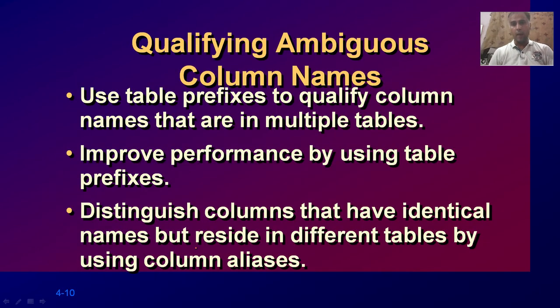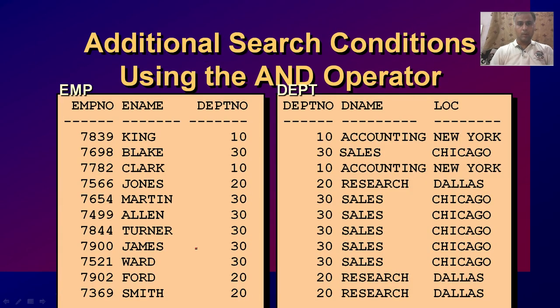Qualifying ambiguous column names: improve performance by using the table prefix. Additional search conditions can be added using the AND operator.